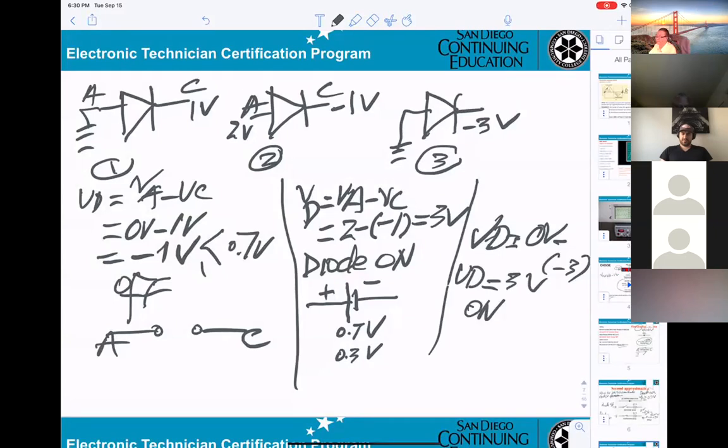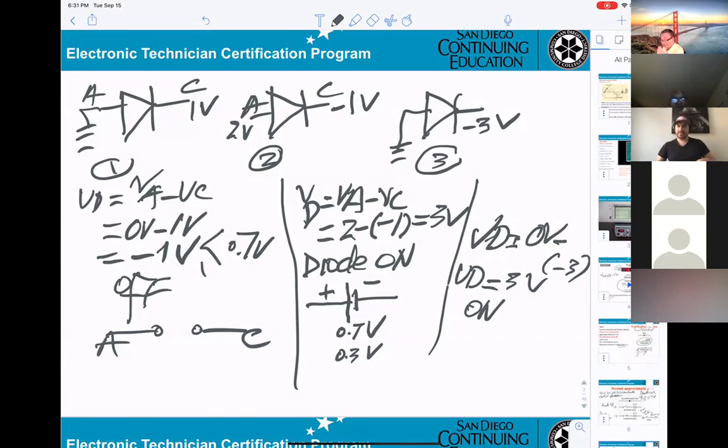Any question? So in example number 3, the current will actually flow even if you don't have voltage into the A side? I'm not quite following your question. So what I understood about diodes is that you cannot have current flow if you don't break the 0.7 volts. But how can you break the 0.7 volts if you're not applying power on the A side? You mean 0.7 volt, right? Yes.